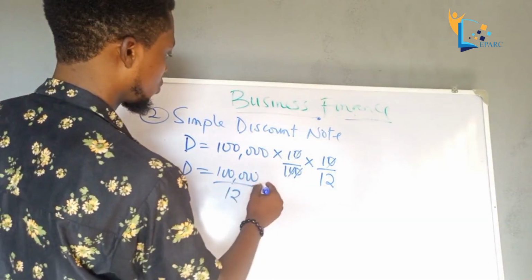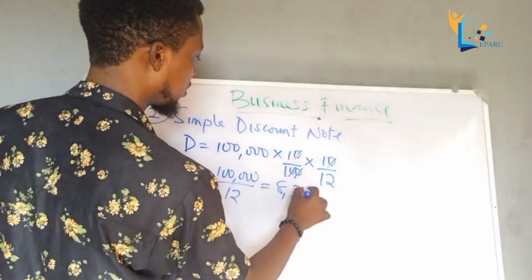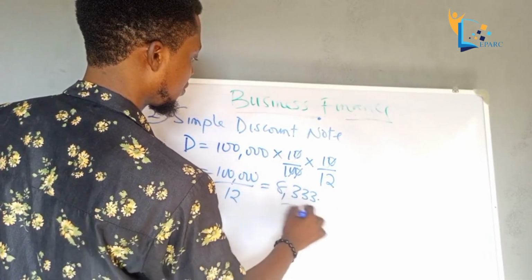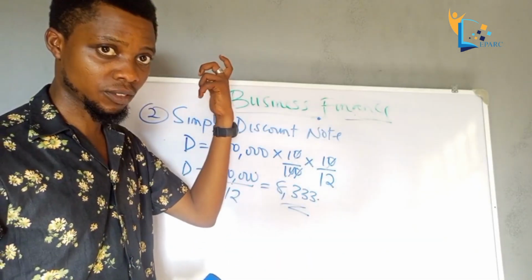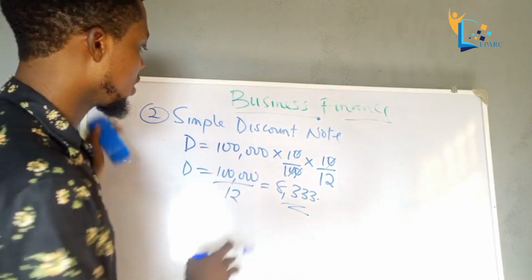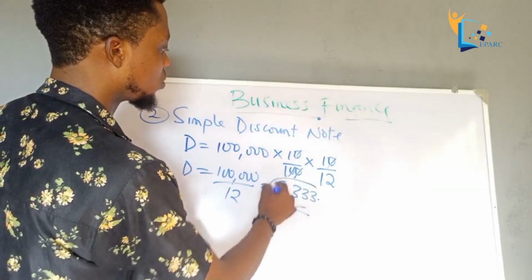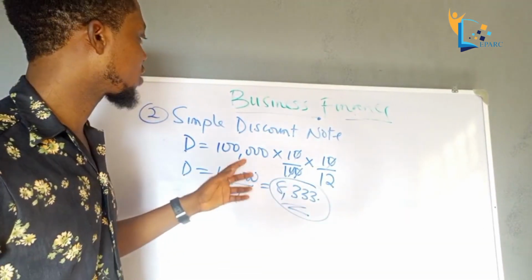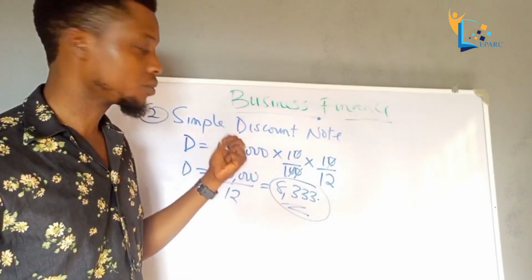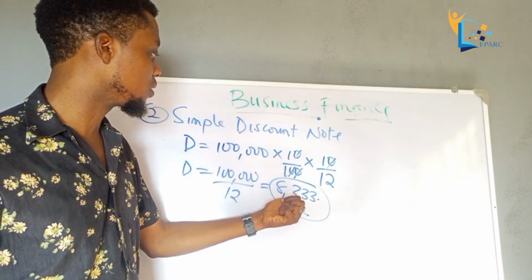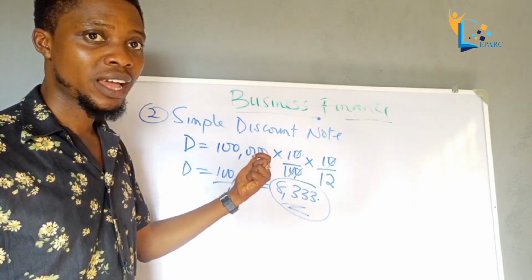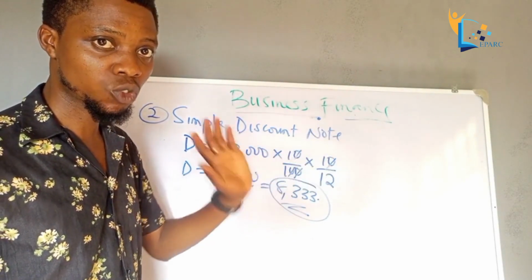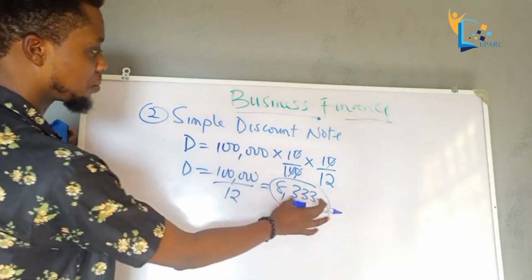Okay, so this will give us 8,333, the same figure we had when dealing with simple interest. So this is the discount that will be deducted from the amount, then the proceed will be given to the borrower. Now, this is for simple discount notes.